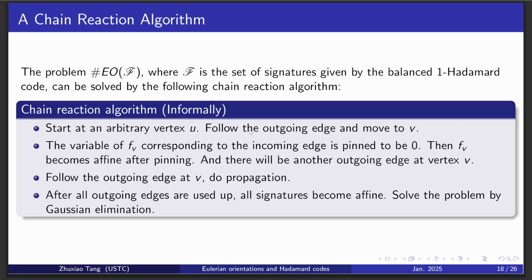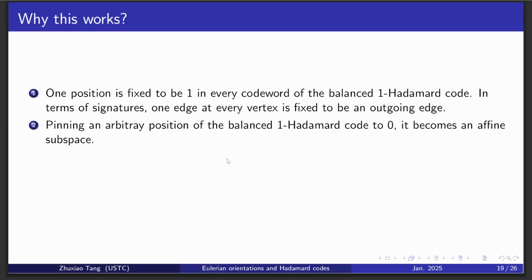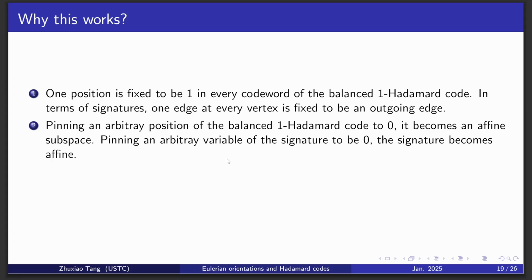Second, why after pinning 0, Fv becomes a phi. The first case, if we pin 0 to a balanced 1 Hadamard code, it will become a phi. That's a property of the Hadamard code. And second, we may pin the vertex as a constraint function at f twice.